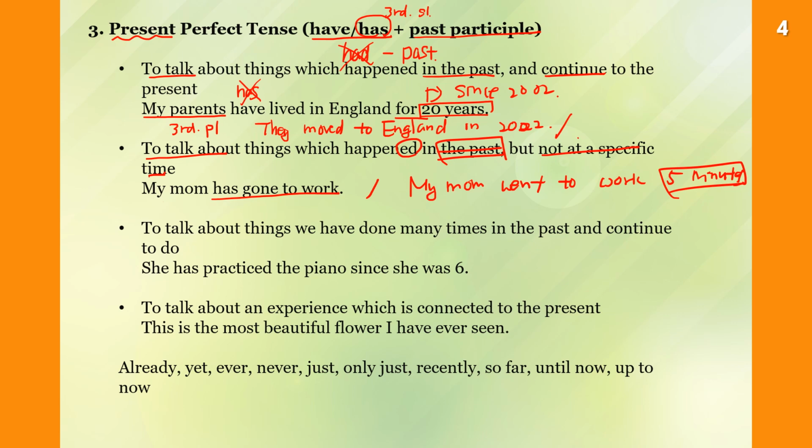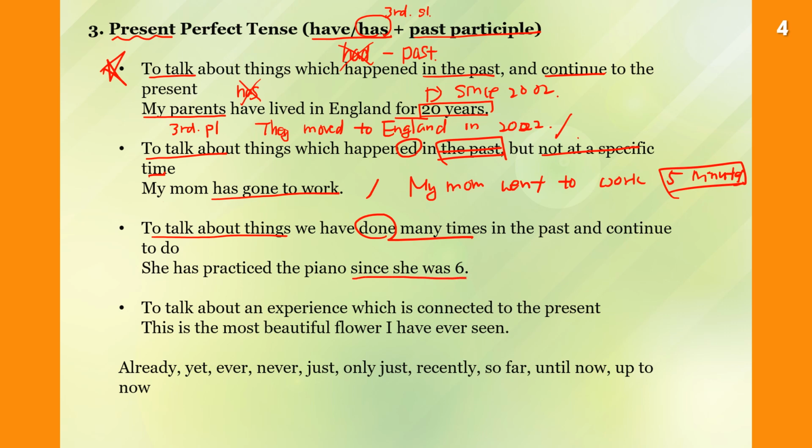The next one, you use present perfect to talk about things we have done many times in the past and continue, just like number one. But unlike living, this one is, for example, practicing the piano. She has practiced the piano since she was six. Since she was six.